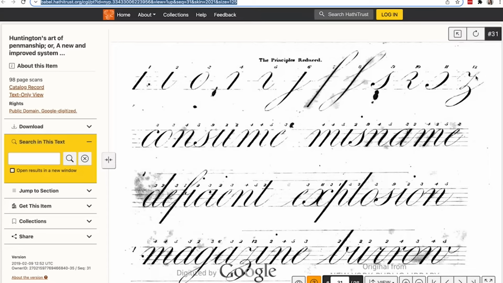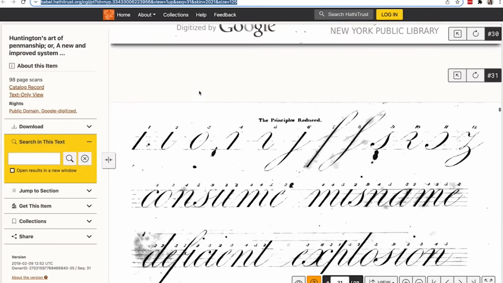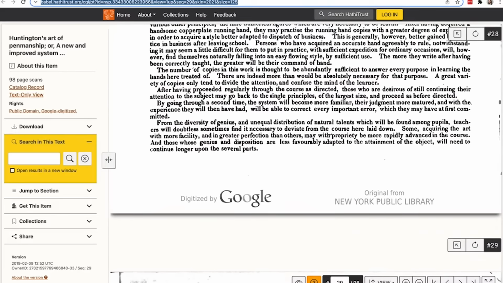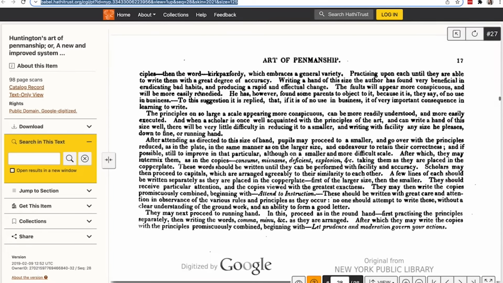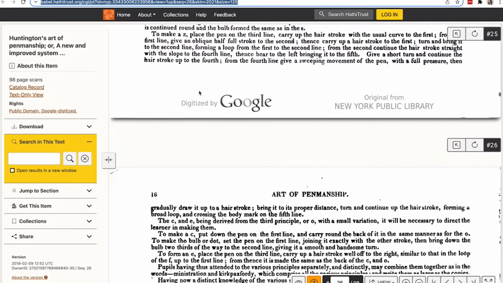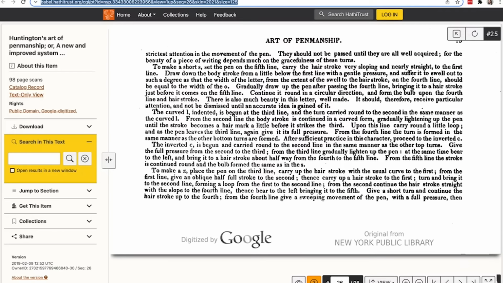Like this is only used in the letter Z, and some of them you can kind of tell where they come from, like the letter K. Again, these are numbered. As I was reading through this one, in the description up here, this is a lot of pages. If you want to look at this yourself, you're welcome to check it out. All of the strokes here are explained in words first.